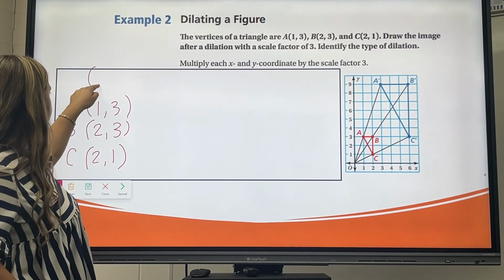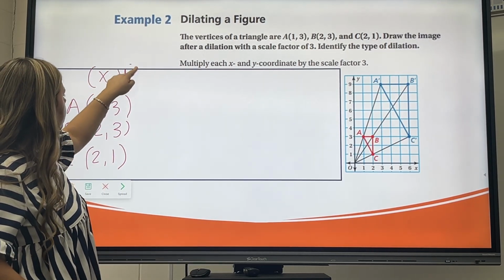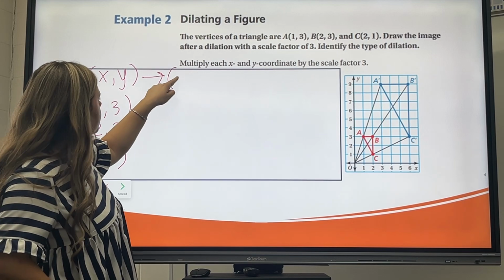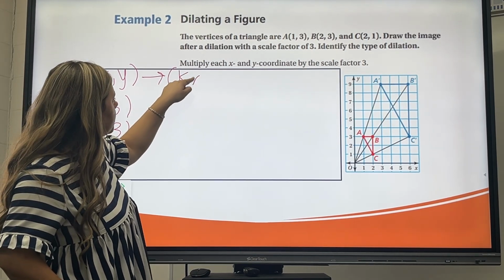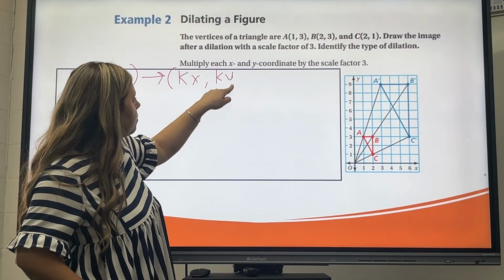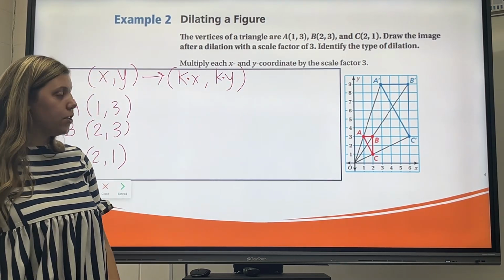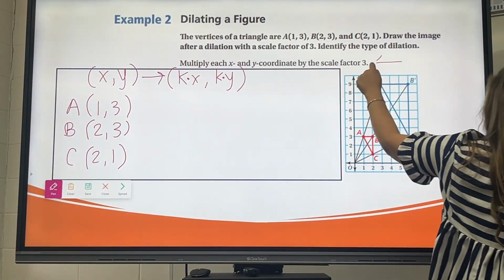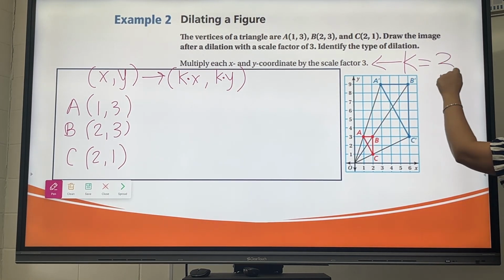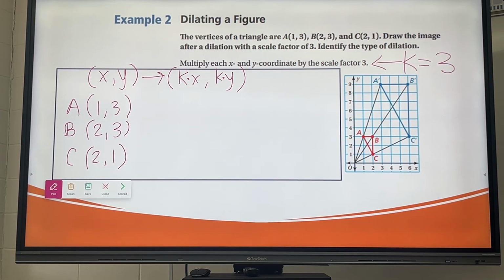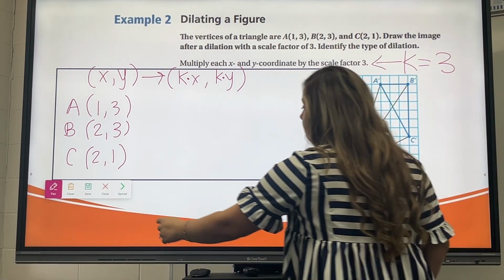So we take our original (x, y), okay, and the rule says (kx, ky). Remember that that means multiplication. Whatever the scale factor is, in this case, k equals 3. So we're going to take all of the x's and multiply by 3, and all of the y's and multiply by 3. And that gives us our answer, okay?